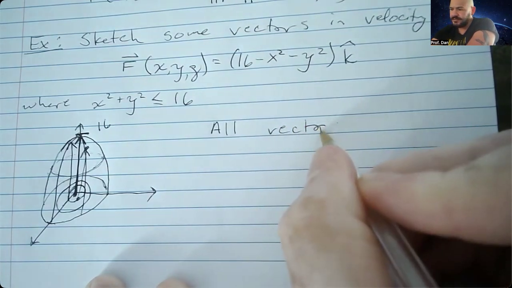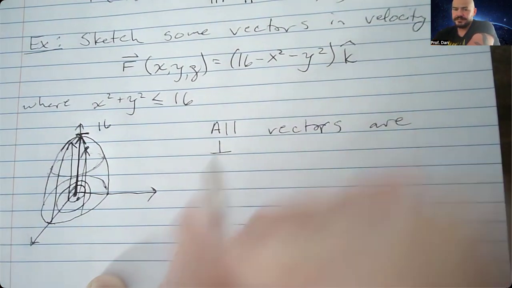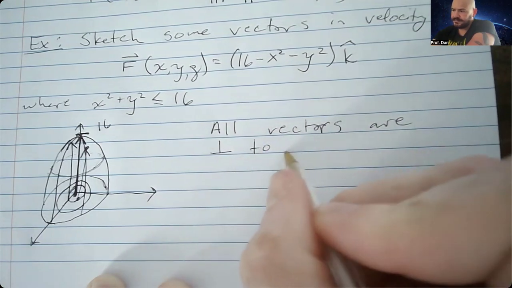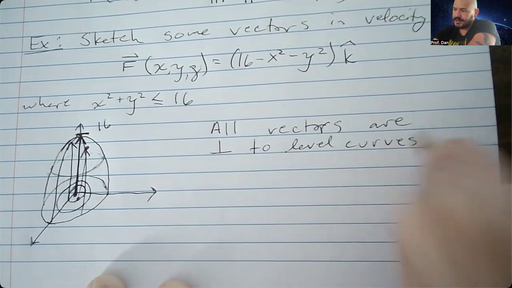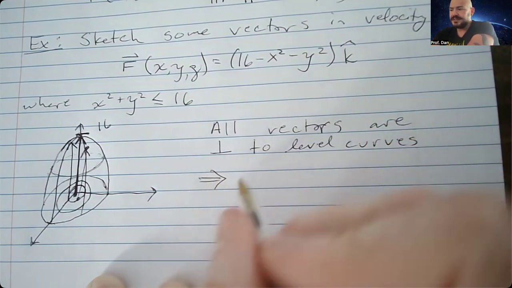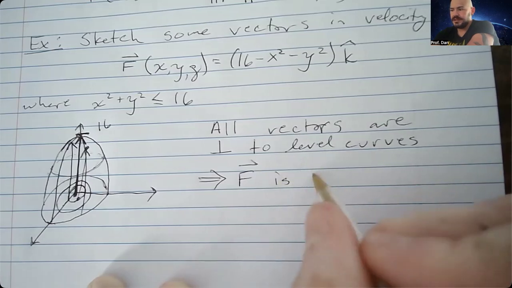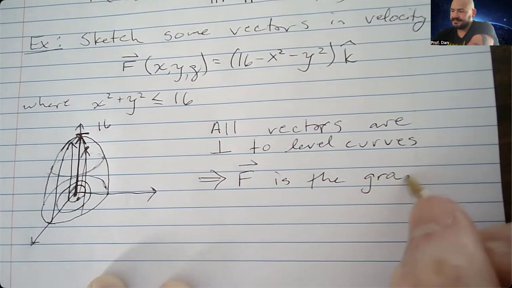So here we notice that all vectors are perpendicular or orthogonal to the level curves. What this implies is that the vector field F that we just drew is the gradient of something.